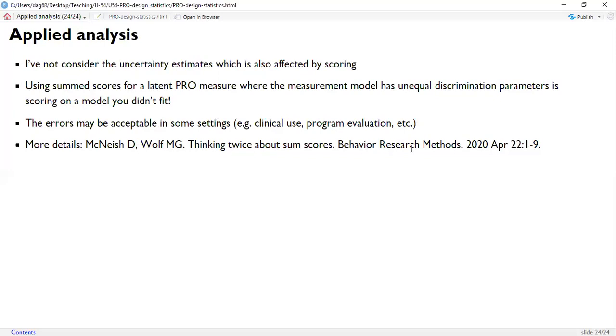But I encourage you to look up this article. It's new, but it's really good, and it covers the different consequences of using sum score when it's inappropriate. I demonstrated just one impact of that. There's also impact on power, type 1 error, model fit evaluation, etc.